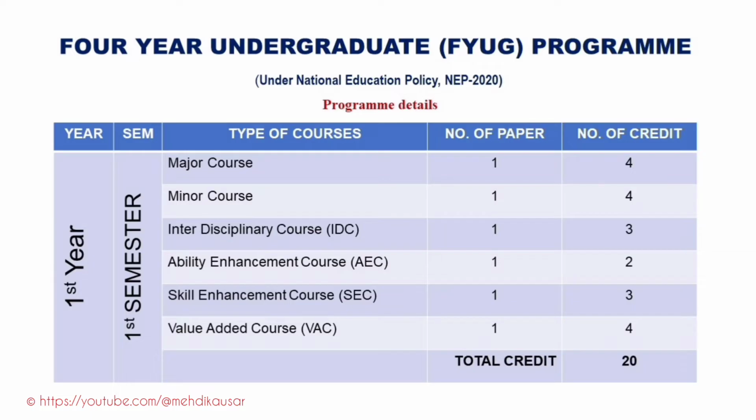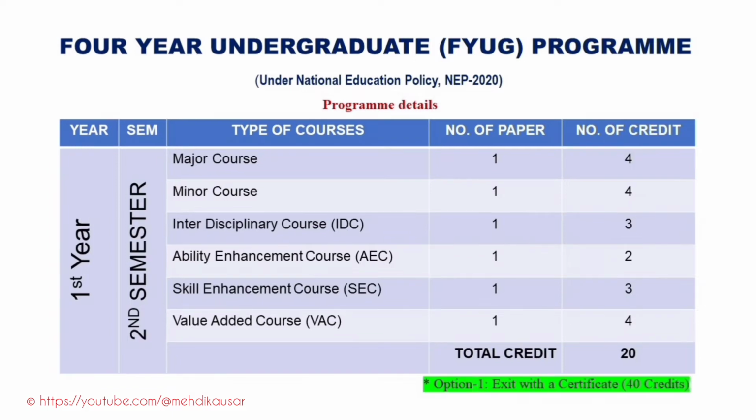The paper from major course and minor course will have 4 credit, paper from interdisciplinary course will have 3 credit, ability enhancement course will have 2 credit, skill enhancement course will have 3 credit, and the paper from value-added course will have 4 credit. So, in total you have 20 credits from these 6 papers.